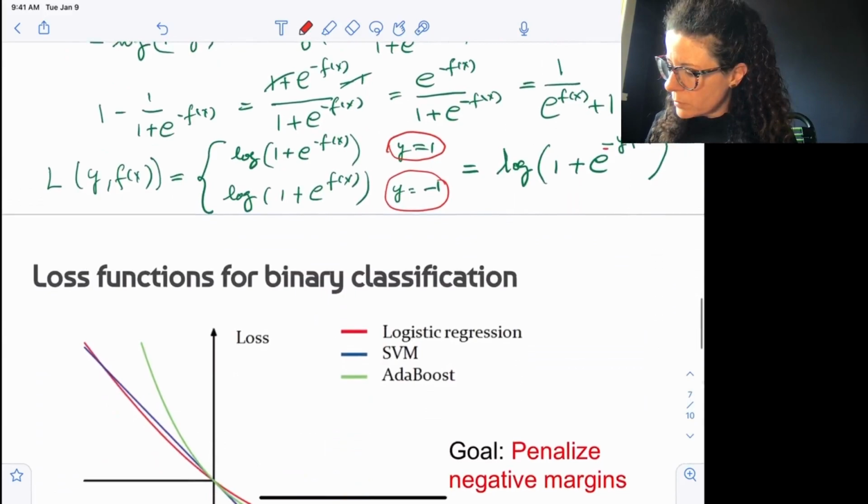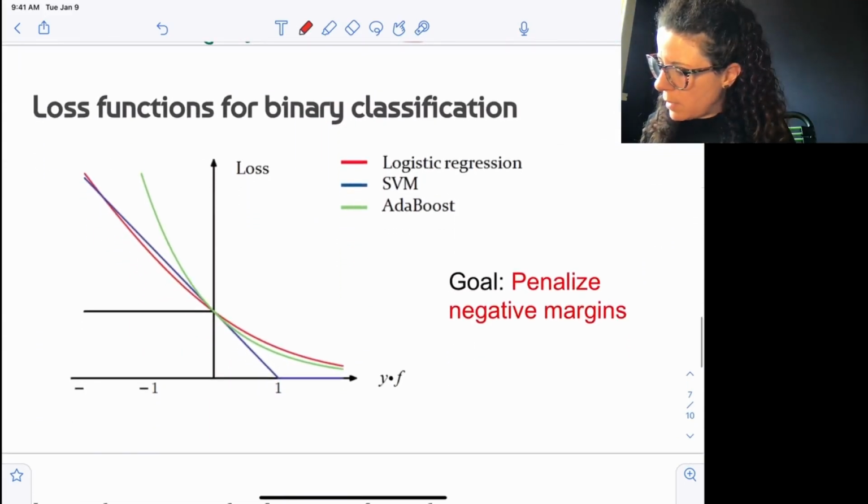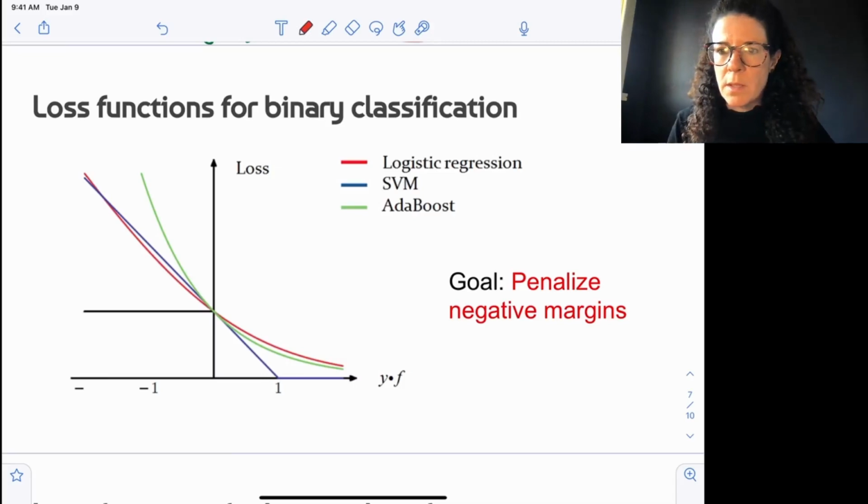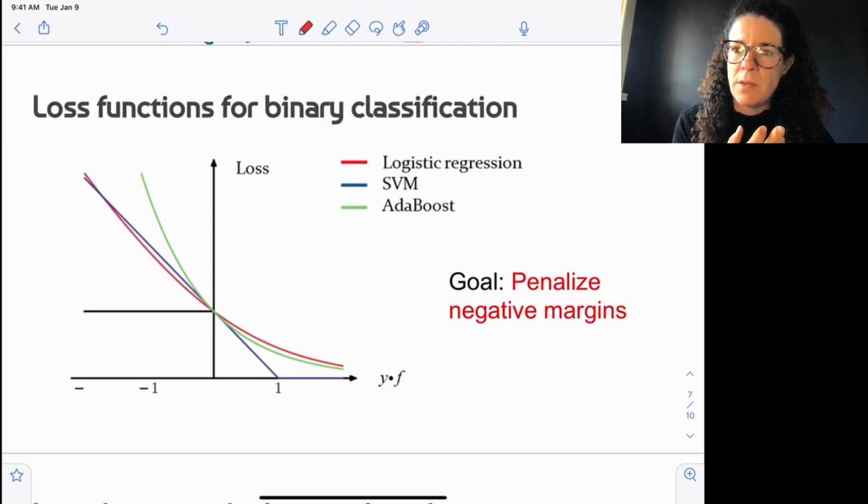So here is a plot of several loss functions as a function of the margins. The goal of a loss function, if you remember what we have talked about so far, should be to penalize negative margins, because negative margins mean that the model is incorrectly classifying my observation.